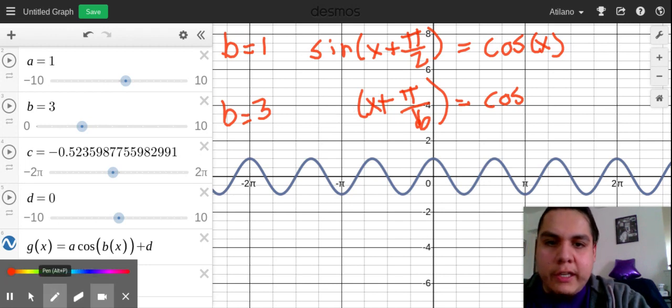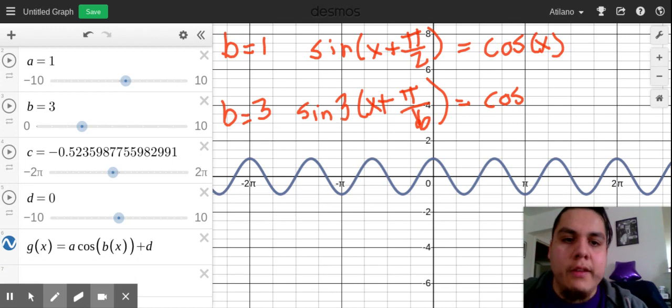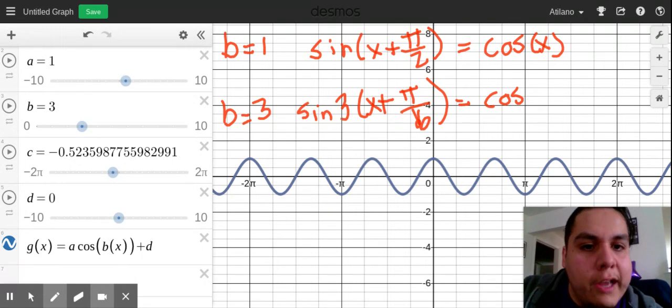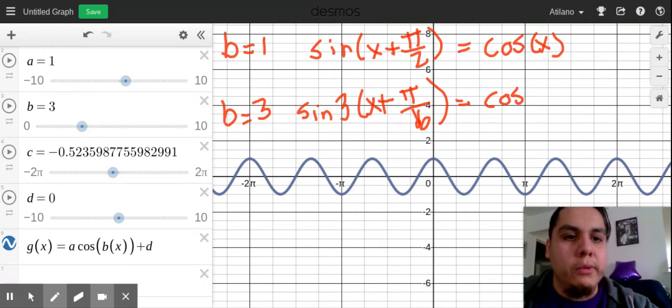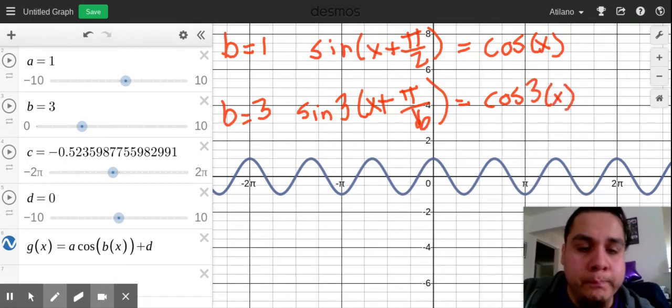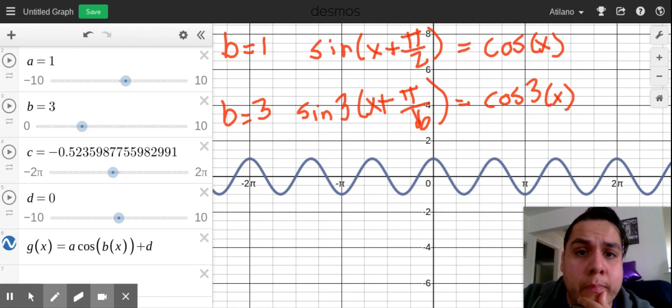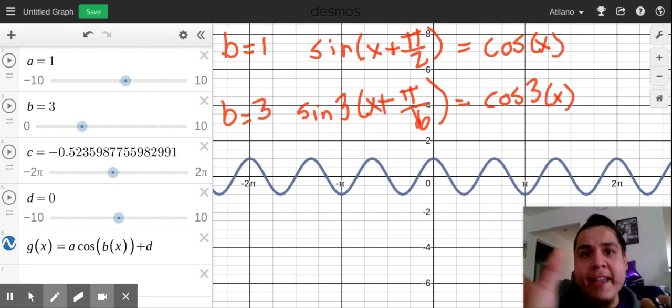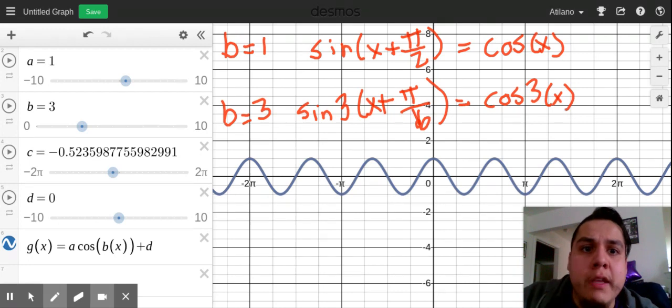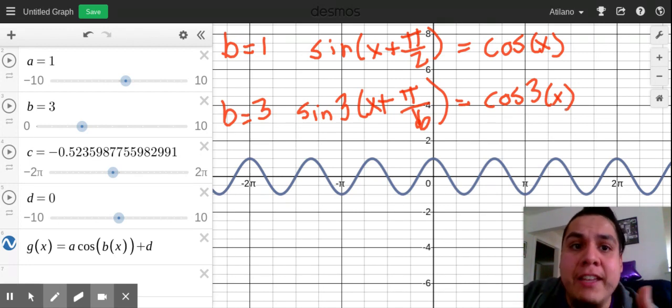That would change to a sine of 3 times an x plus pi over 6 equal to a cosine of 3x. Okay? So think about what effect the b value has on determining what the phase shift should be if you want to transform a sine into a cosine.